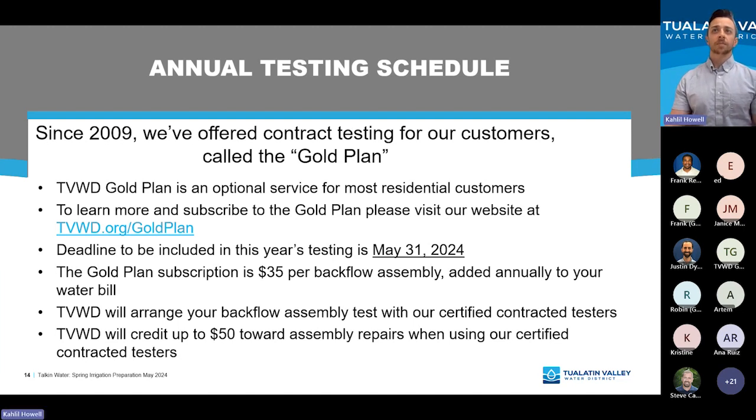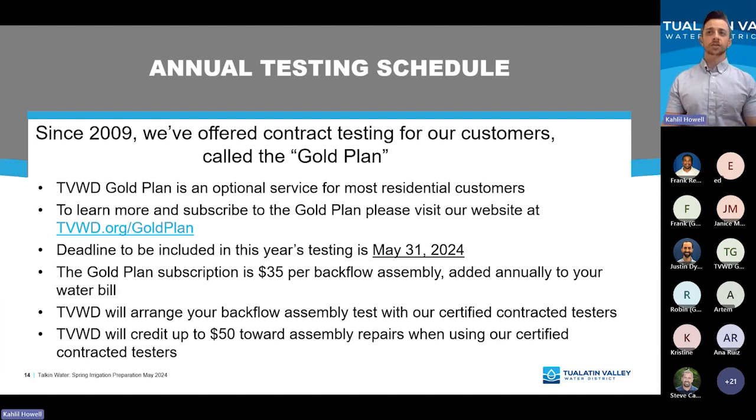You can submit an online application and also learn more about the program at our website. But make sure if you submit an application that you do so prior to May 31st, which is coming up before too long, in order to be included in this year's testing. The Gold Plan subscription is a $35 charge added to your water bill just once per year.